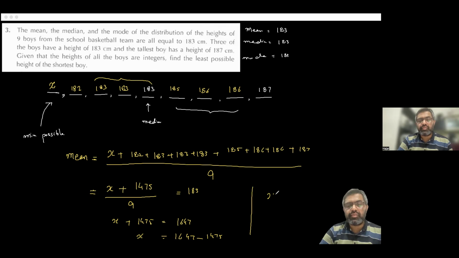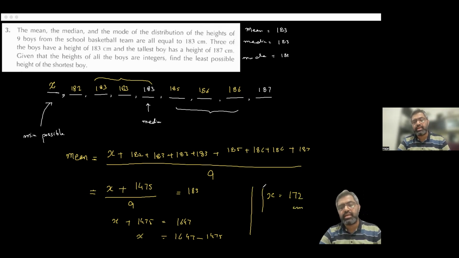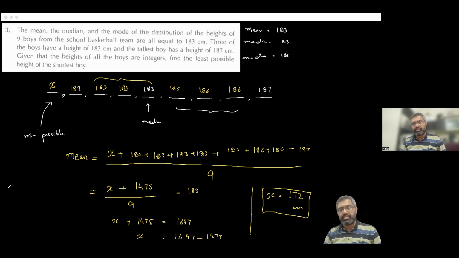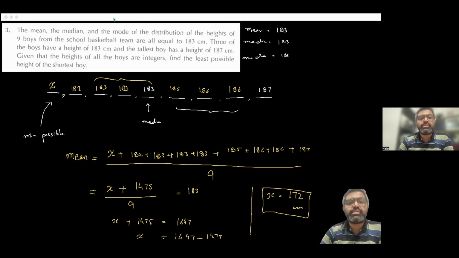We get 172 centimeters. So that is the shortest possible height. To find the shortest possible height, for all other boys' heights we try to be as maximum as possible so that the mean remains 183. So that was Challenge Yourself, chapter 17.